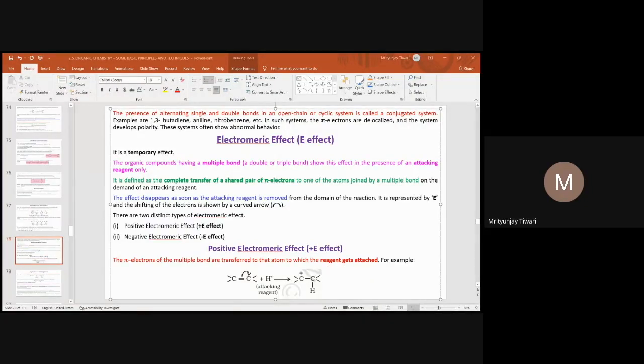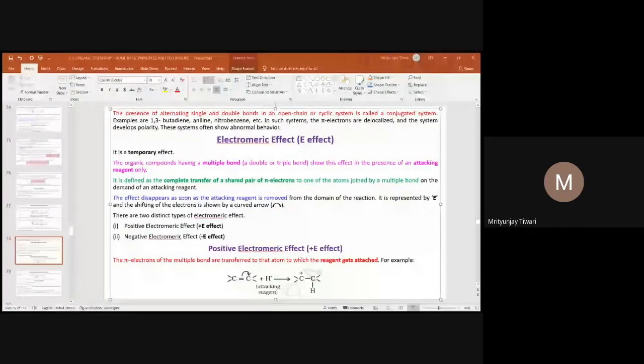usually a CH bond of an alkyl group directly attached to an atom of an unsaturated system or an atom with an unshared p orbital. So this happens when the CH bond comes in conjugation with the unsaturated system. An unsaturated system usually has double bonds, or it may come in conjugation with the unshared p orbital. An unshared p orbital could be an empty p orbital.